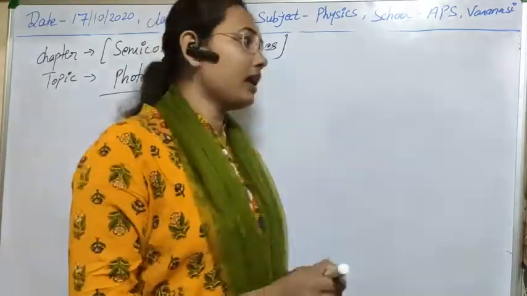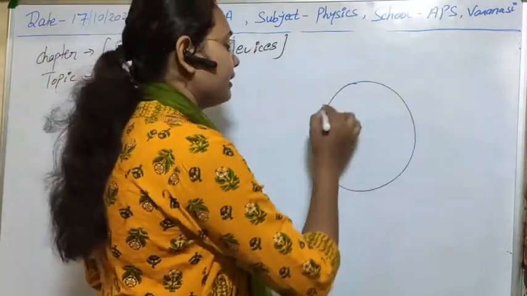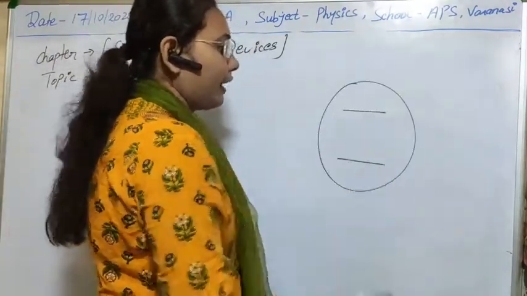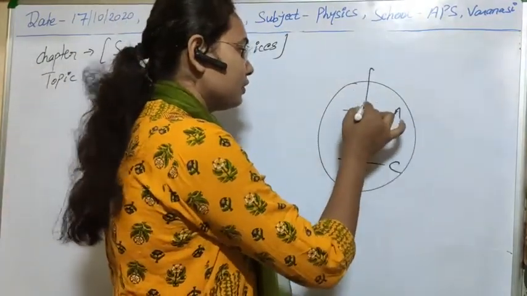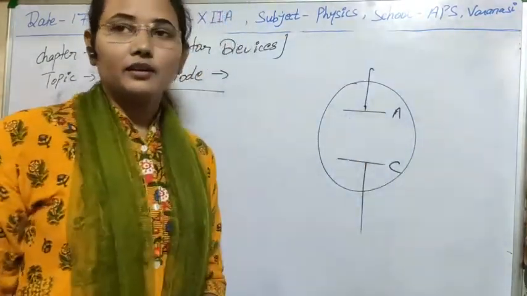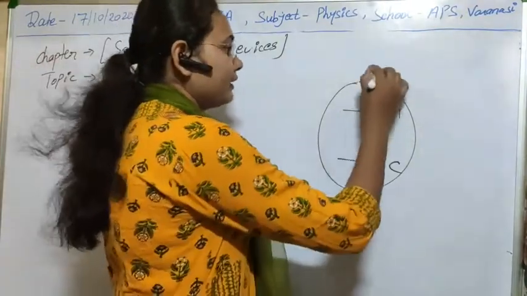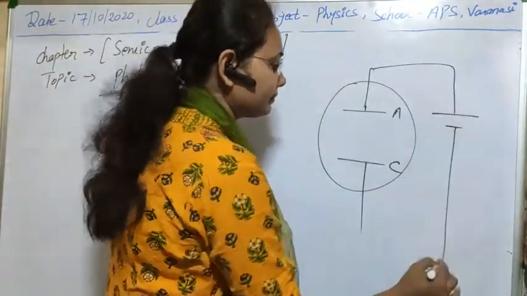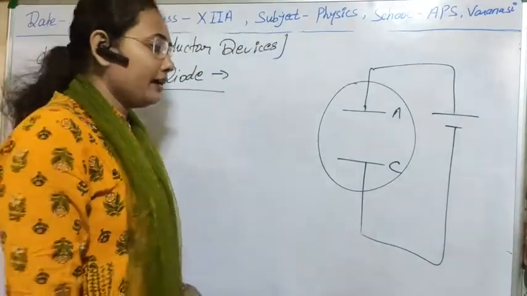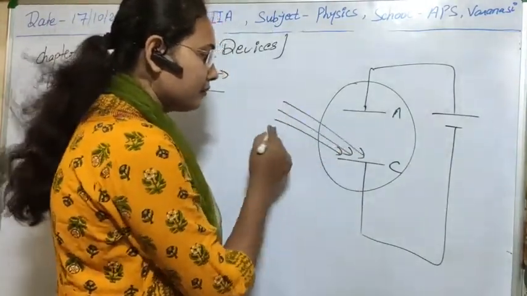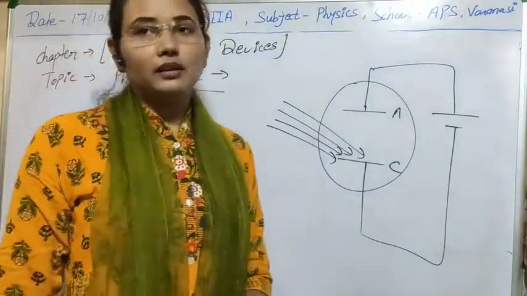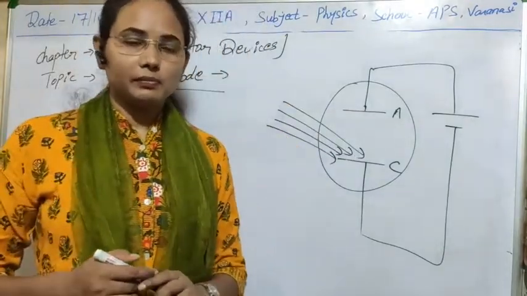In that case we used a vacuum chamber in which a cathode and anode were used, suppose this is the cathode and this is the anode, this is only a symbolic figure, and we connected this with some battery like this, and now at the cathode we started to shine light of some intensity and energy.